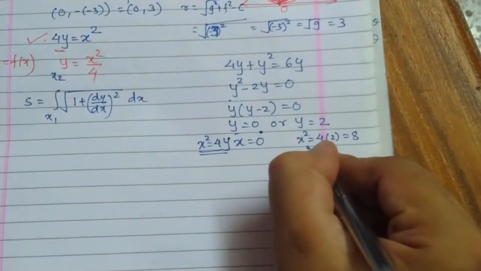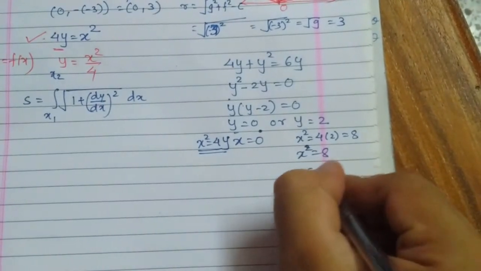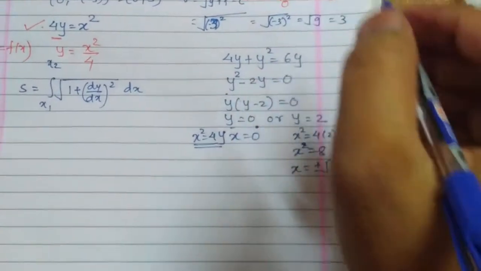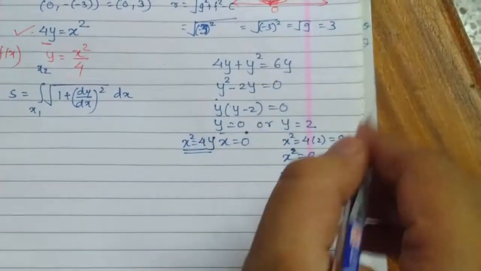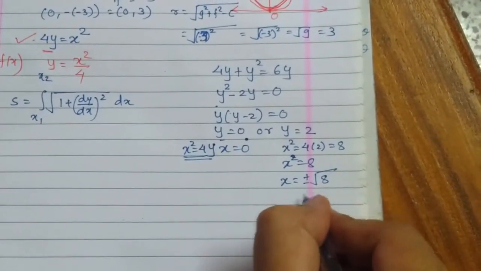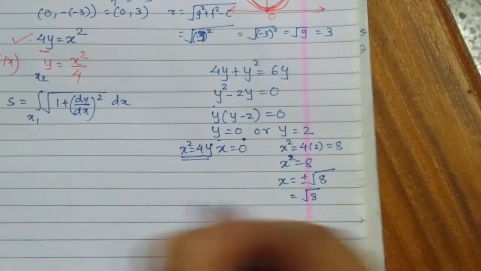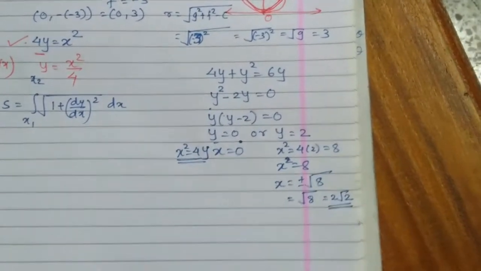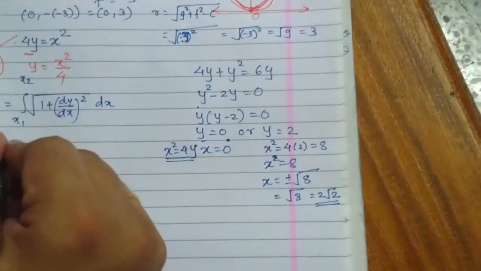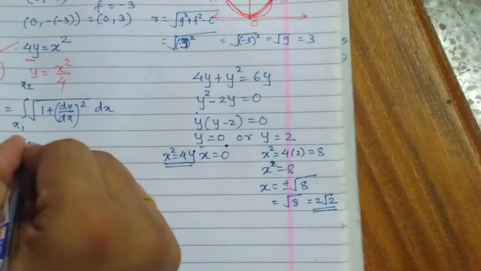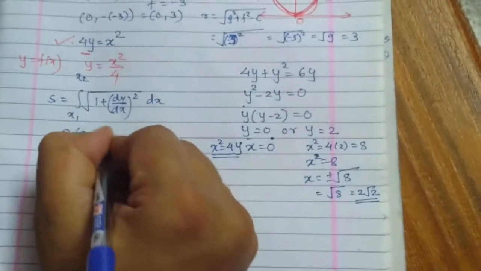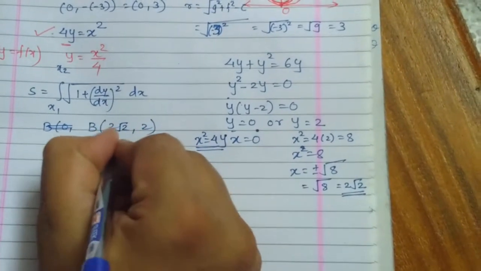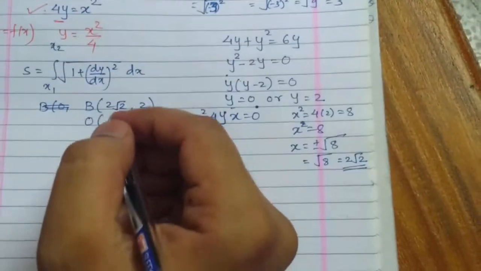So x square is equal to 8, therefore x is equal to plus or minus square root of 8. But let me explain, the point B lies in the first quadrant, hence the x coordinate is positive, so we'll consider only the positive square root of 8, and that value will be 2 root 2. Are you clear with this? So the coordinates of the point B are 2 root 2 comma 2, and the origin is 0 0. Are you clear with this?